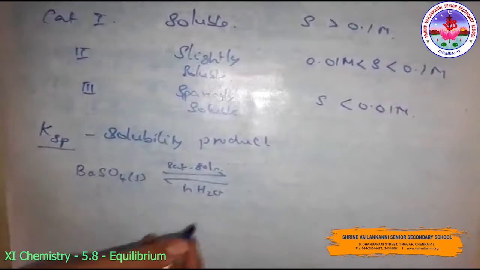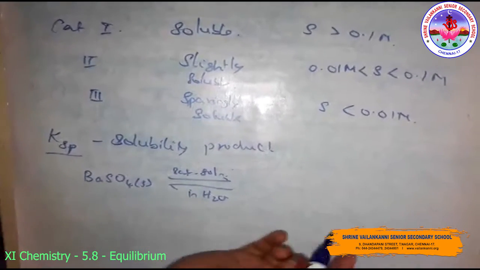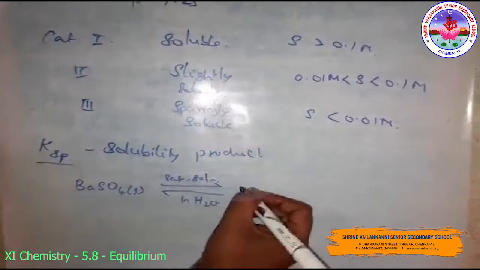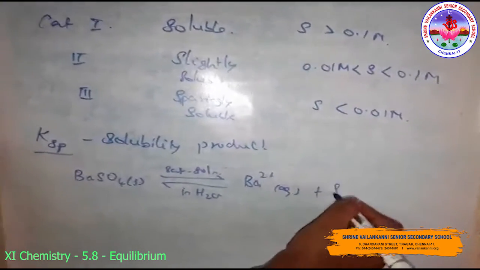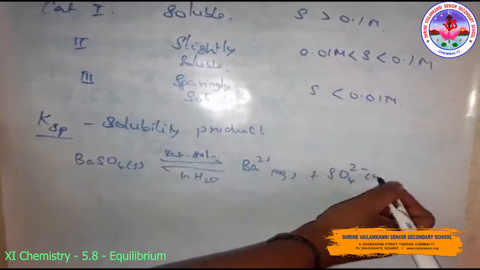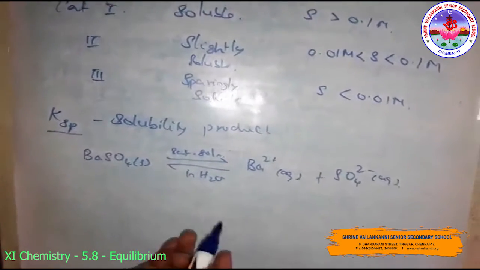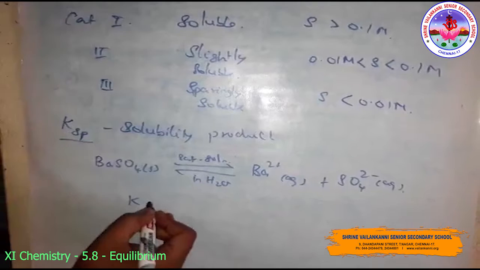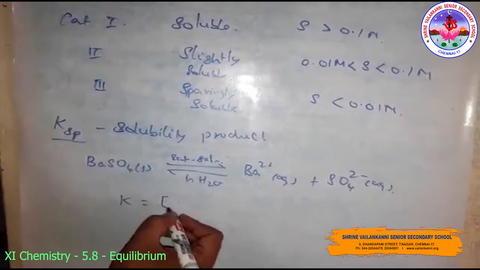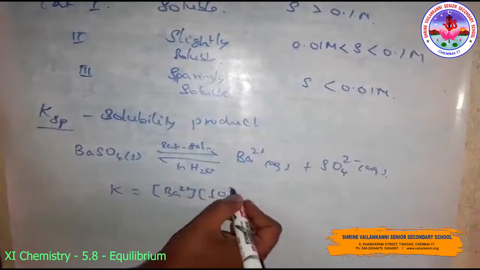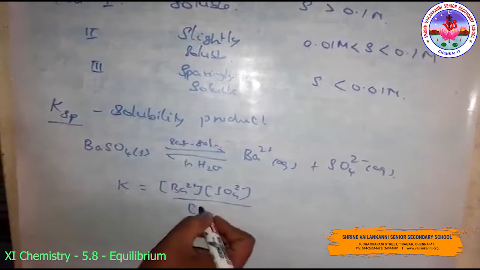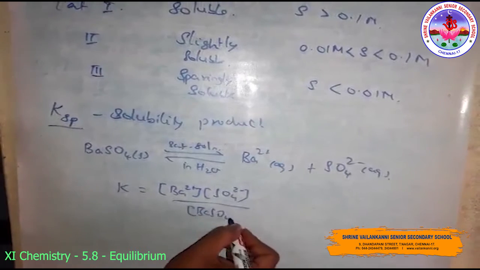This is the equilibrium between the undissolved solid and the ions in the saturated solution: Ba2+ aqueous and SO4 2- aqueous. The equilibrium constant for the reaction is the concentration of Ba2+ times the concentration of SO4 2- divided by the concentration of BaSO4.